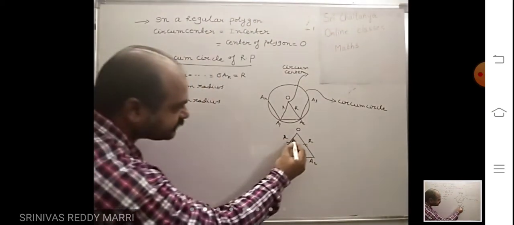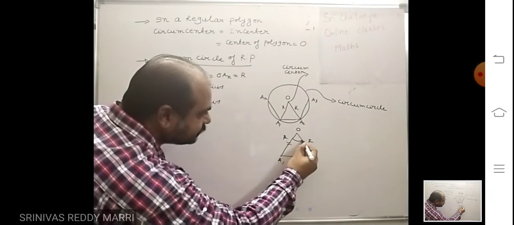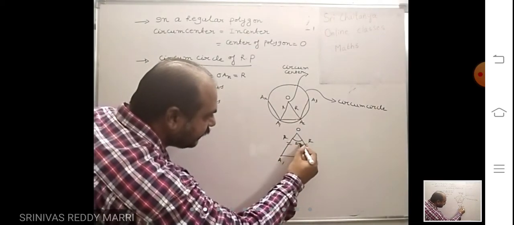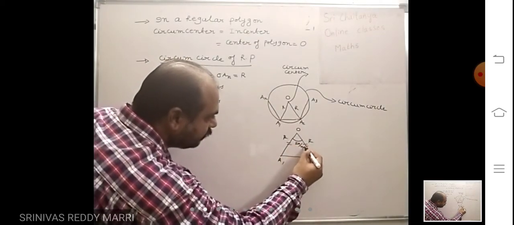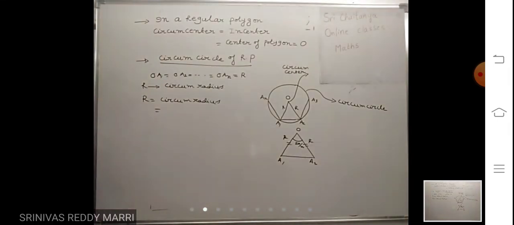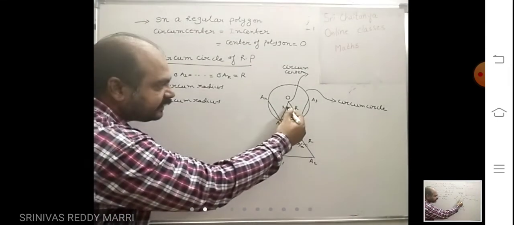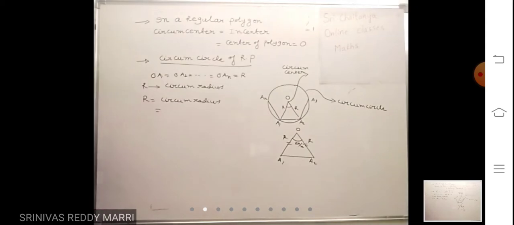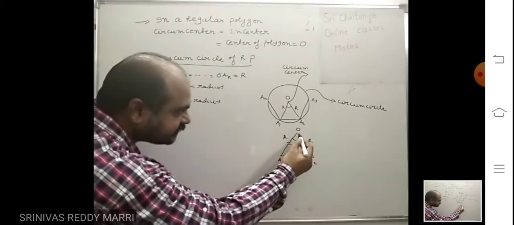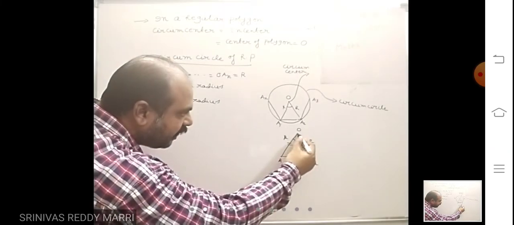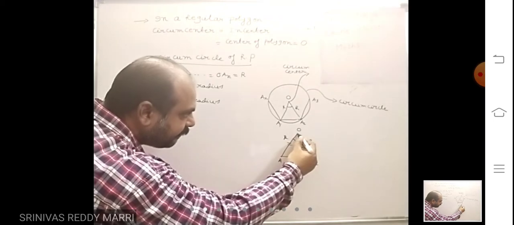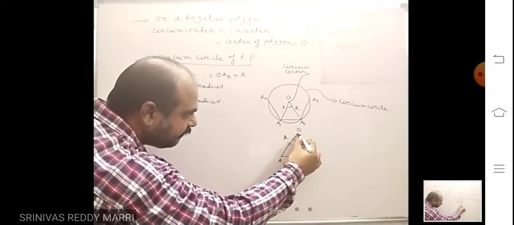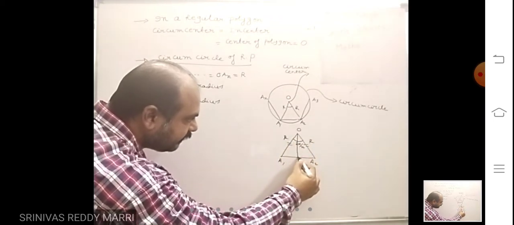This angle is what? This angle is the angle at the center. Yesterday I told, this is nothing but 2 pi by n. Angle at the center for each triangle is 2 pi by n. As this is an isosceles triangle, if I drop a perpendicular to A1A2, it will bisect A1A2.